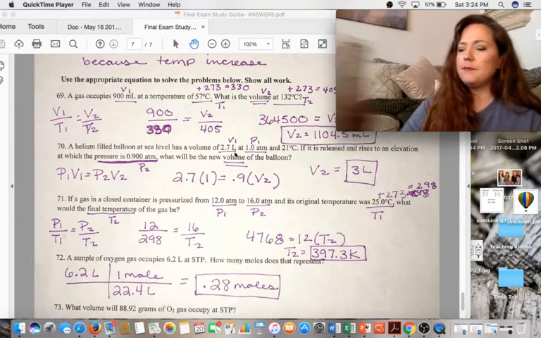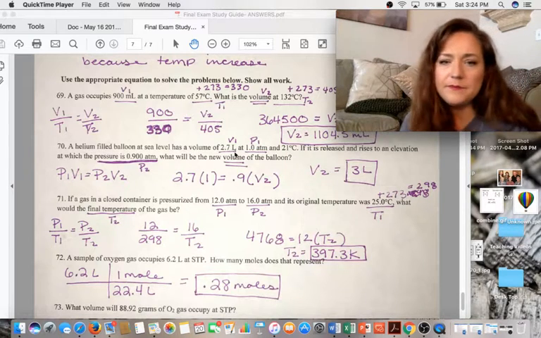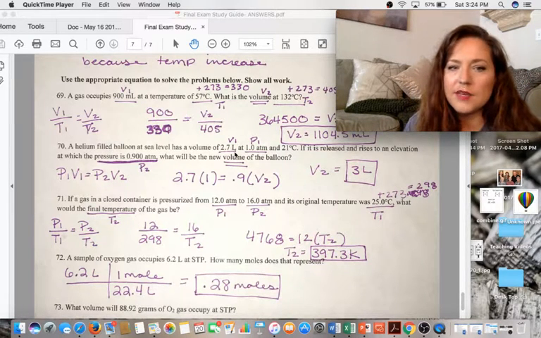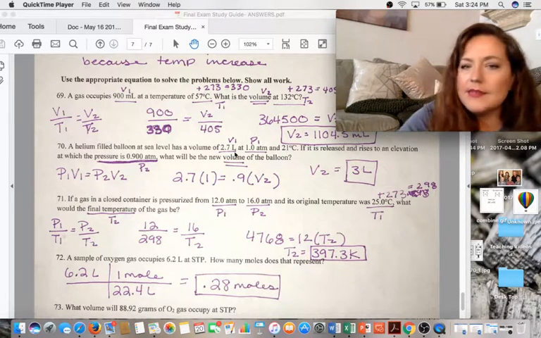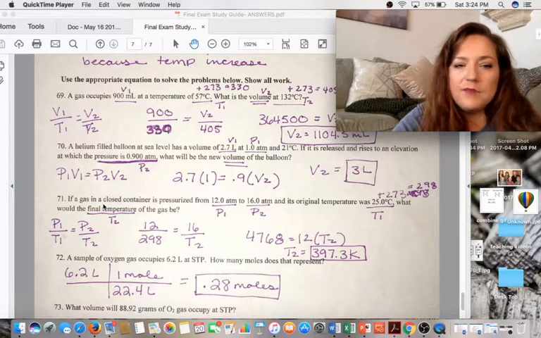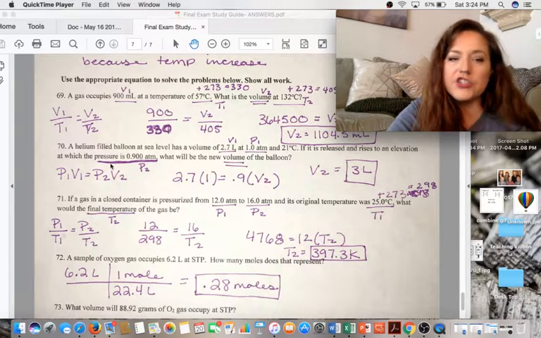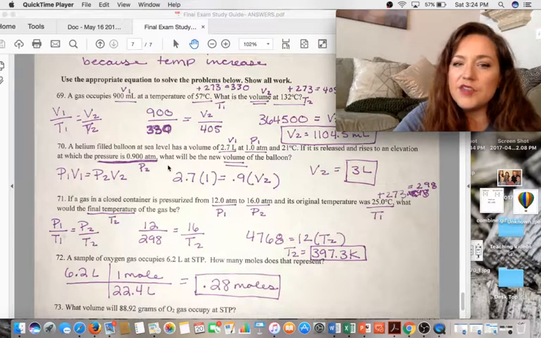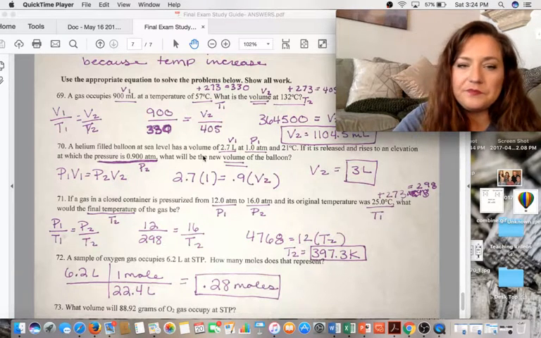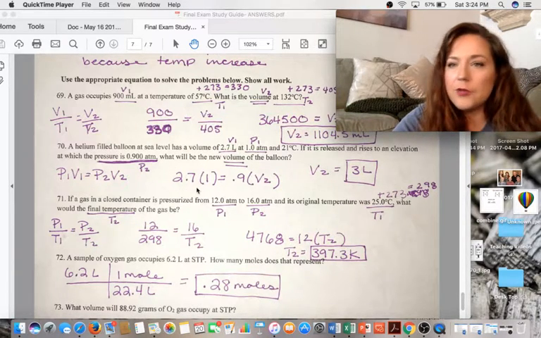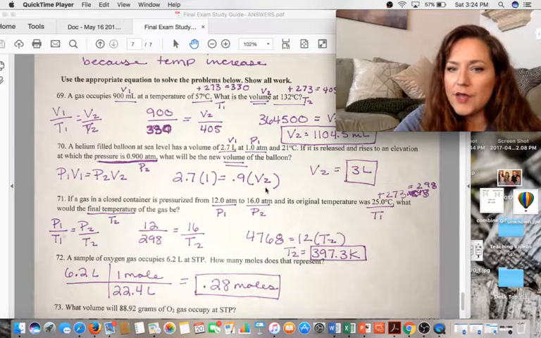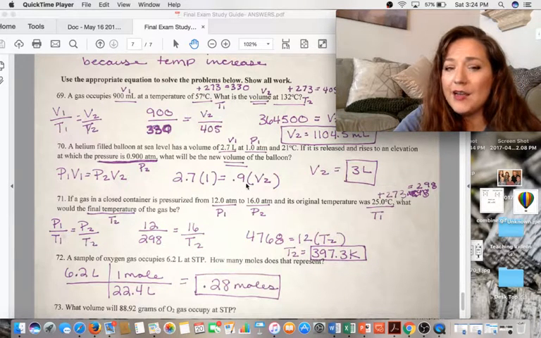They tell you a temperature, but it doesn't matter because it's held constant. It doesn't change. Then it tells you that the pressure changed to 0.9 atmosphere. What would be the new volume? I take 2.7 times 1 equals 0.9 V2. I take my 2.7, divide by my 0.9, and that gives me 3 liters.